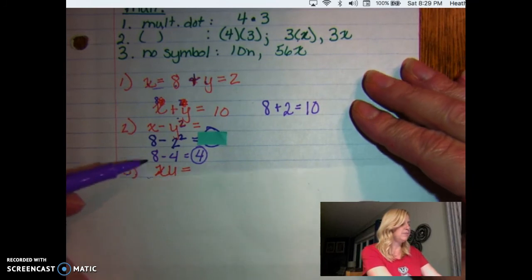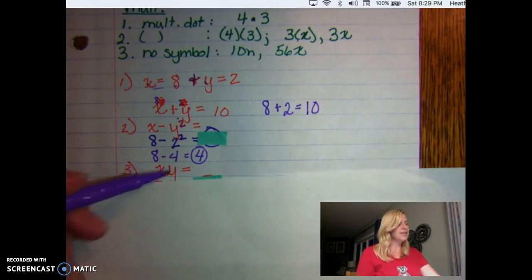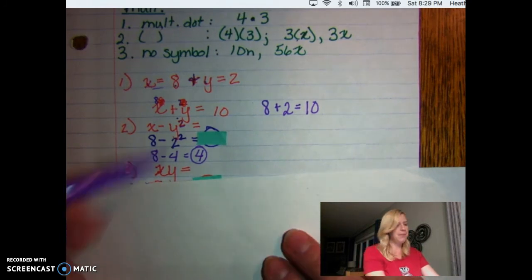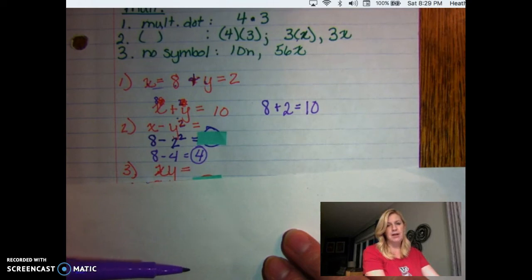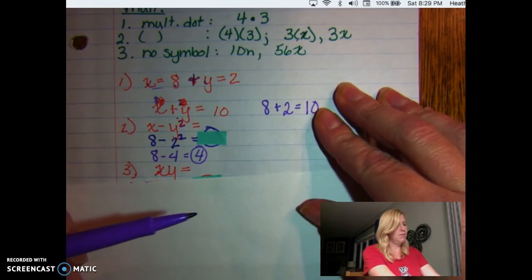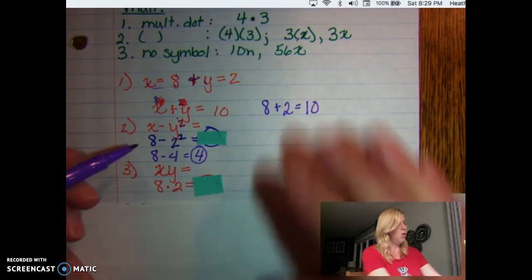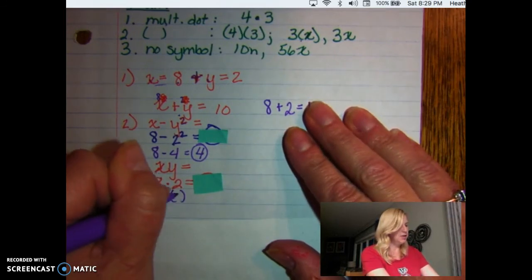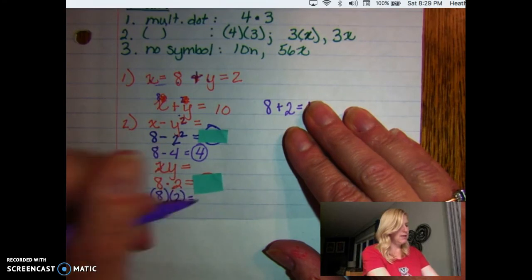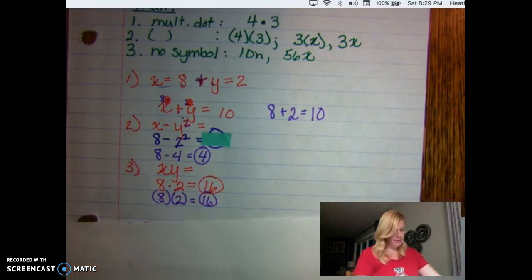So this one, oops, sorry, I revealed too much. If you have xy, remember up here what that really means, okay? So if you want to pause me and try to substitute in and unpause me, you should have 8 times 2. Or you could have written it as 8 times 2, okay? And hopefully you got 16.